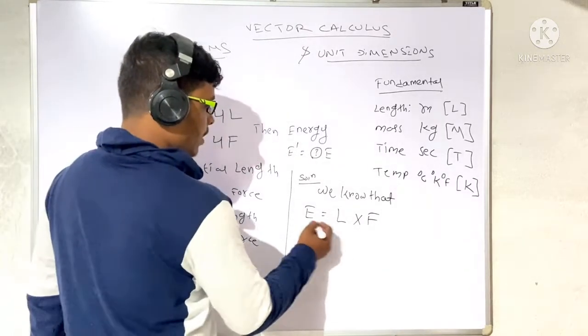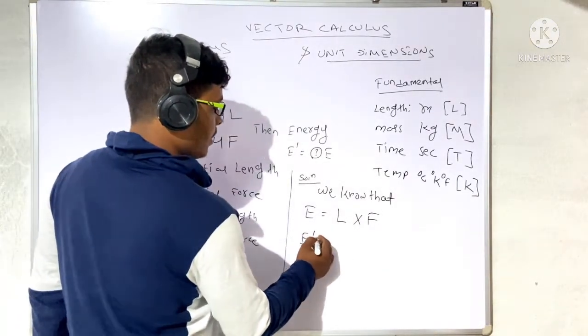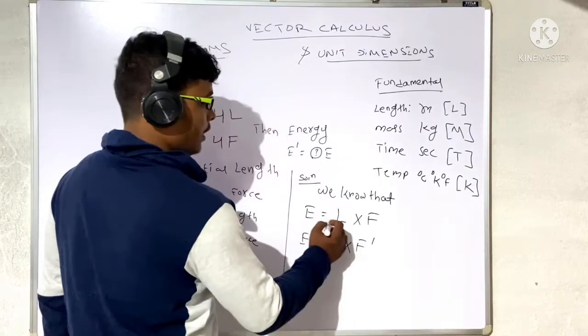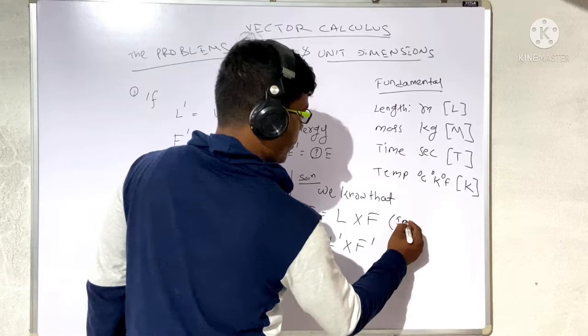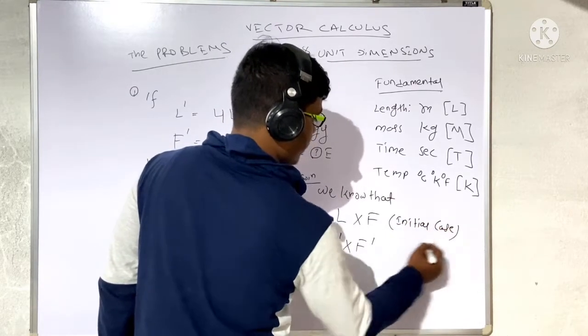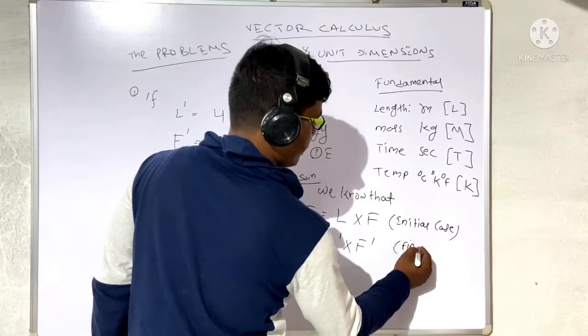Therefore, now what will be E dash? That will be L dash into F dash. So this is the initial case and this is the final case.